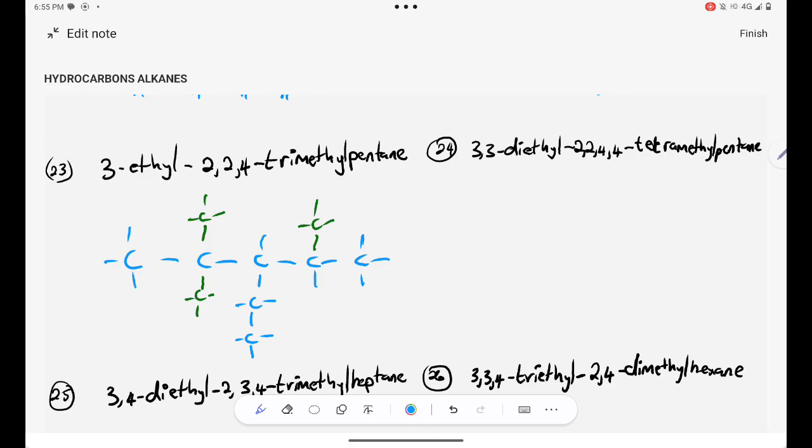Then now let's go to compound 24. The parent chain has 5 carbons. So that's 1, 2, 3, 4, 5. And then at carbon number 3, I have 2 sets of ethyls because of this over there.